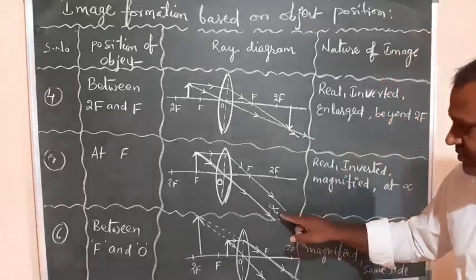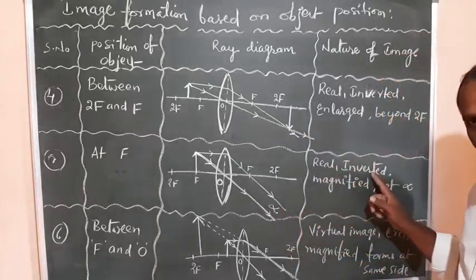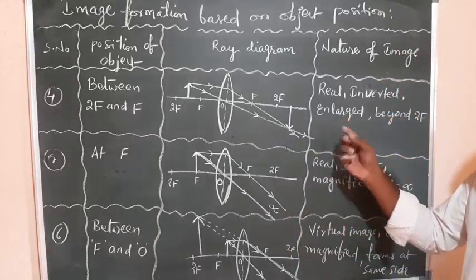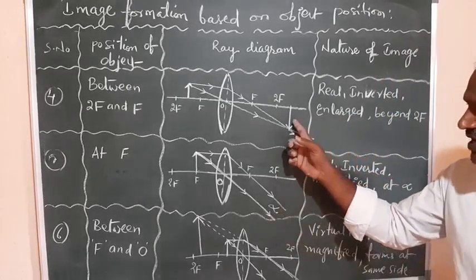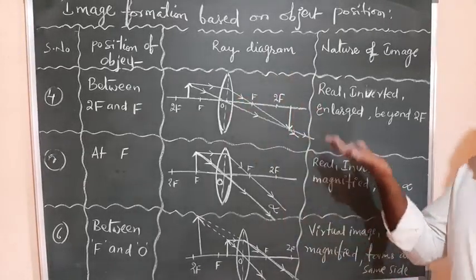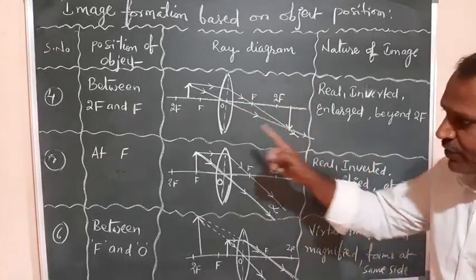What is the nature of this image? It is a real image, inverted, and magnified. Enlarged means a little more size of the image with respect to the object, but here magnified means the size of the image is still more compared to the object.